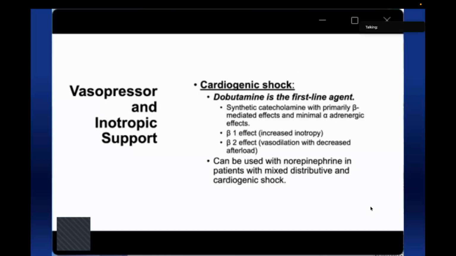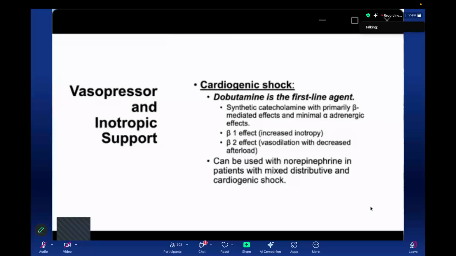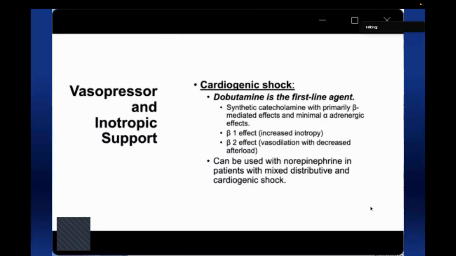For cardiogenic shock, usually if your patient comes to the emergency department with hypotension, you have to increase the blood pressure first with norepinephrine. Once you have a BP of at least 90, dobutamine is your first line agent to augment contractility, because dobutamine is a synthetic catecholamine with primarily beta-mediated effects and minimal impact on alpha adrenergic receptors.